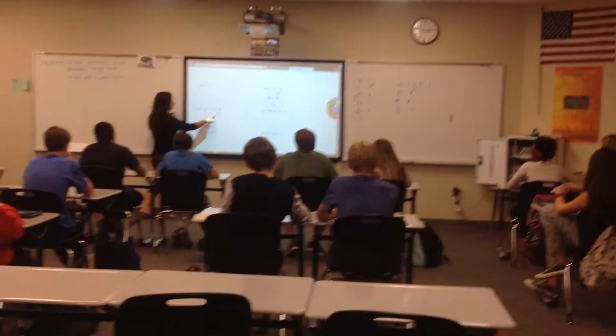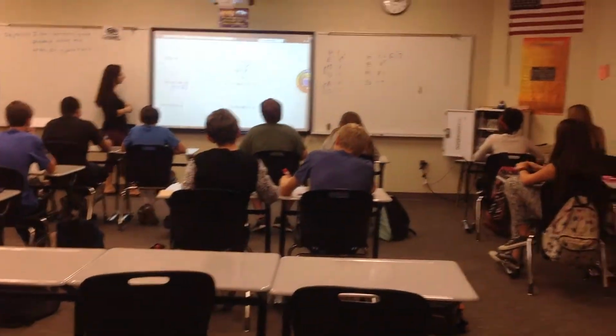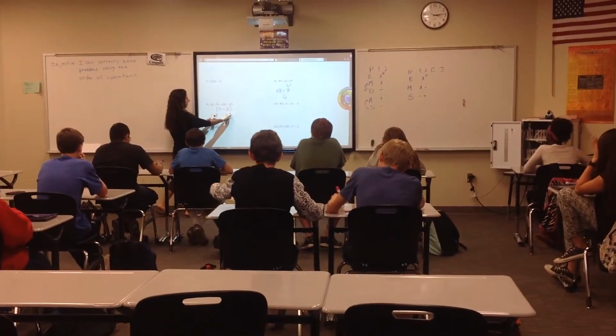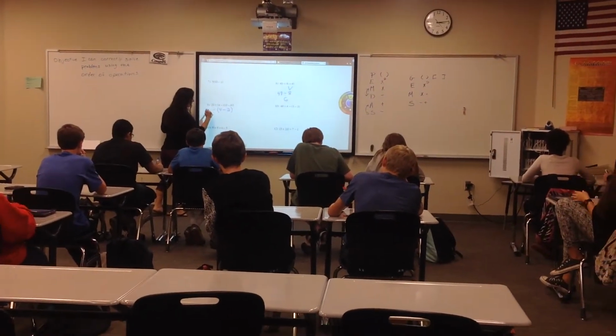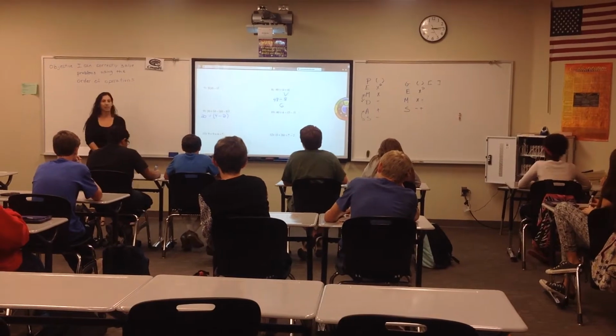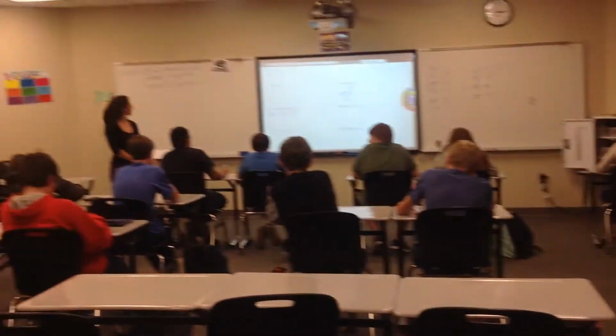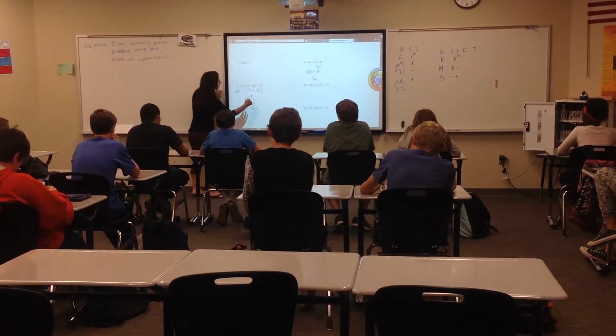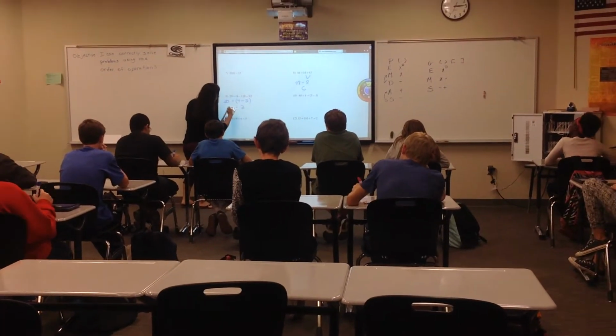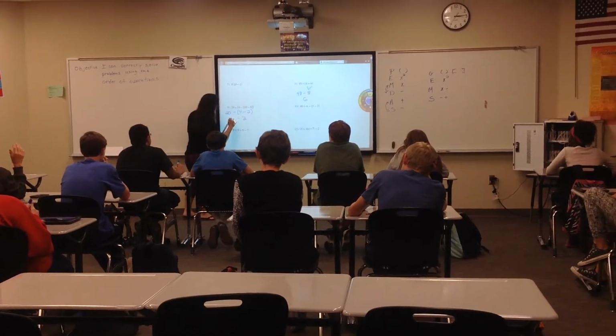So 10 minus 8 is 2. I solved for the inside parentheses first, like Topanga said. I still left on there my outside parentheses, and I still have divided by 20. What would the next thing that I have to do be? Dylan? I'm going to do the parentheses again. What is 4 minus 2? That gives us 2 divided by 20.